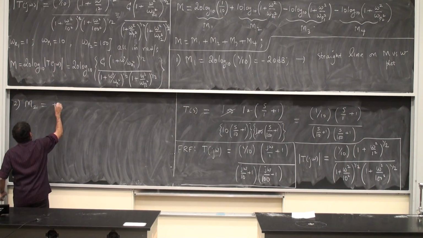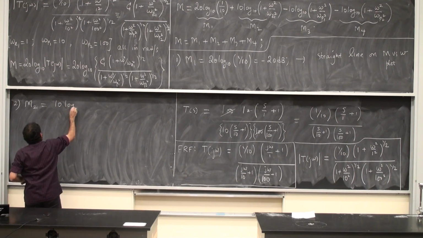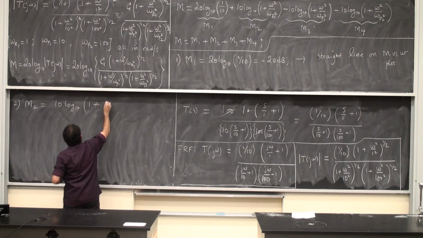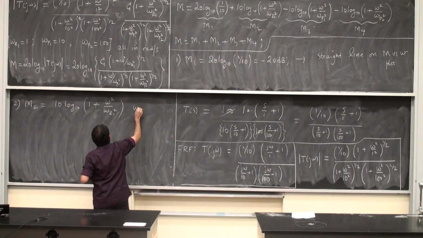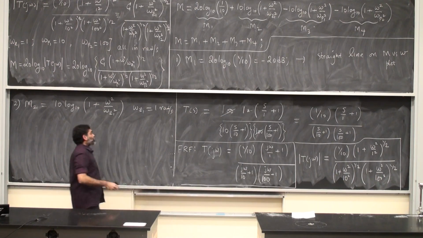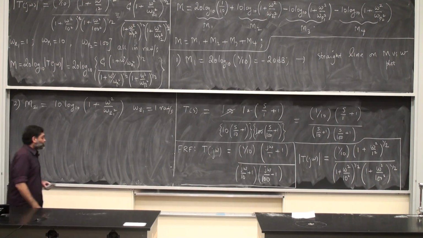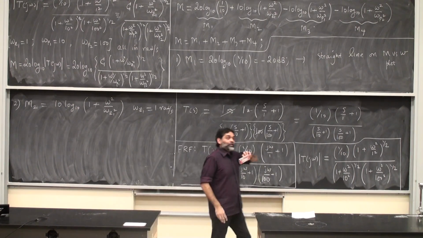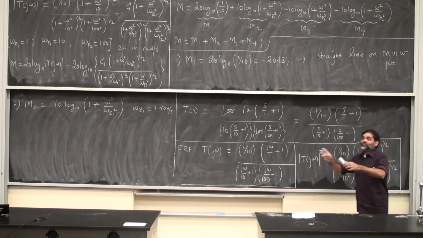is plus 10 log 10 of 1 plus omega square by omega z1 square. Omega z1 is 1 radian per second. Okay? Asymptotic analysis for very small values of omega less than 1, and large values of omega much greater than 1.